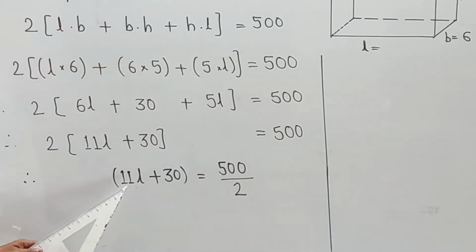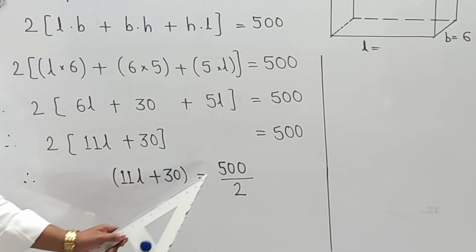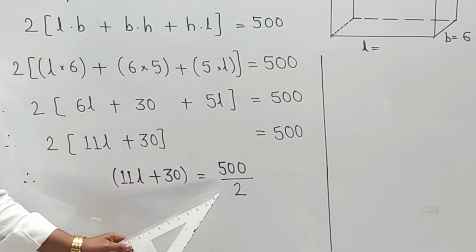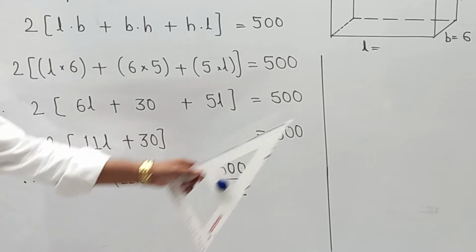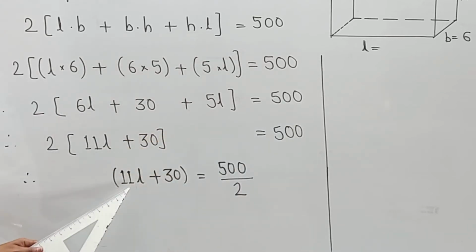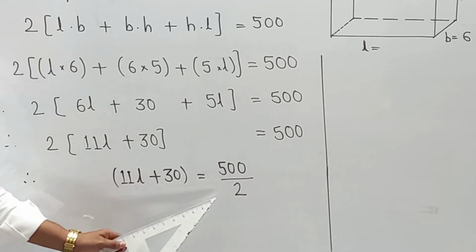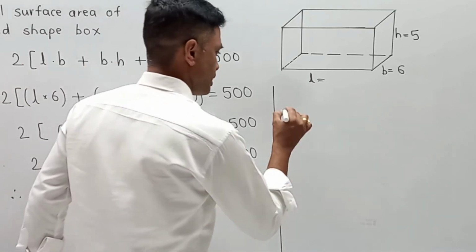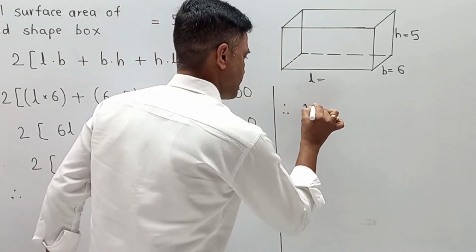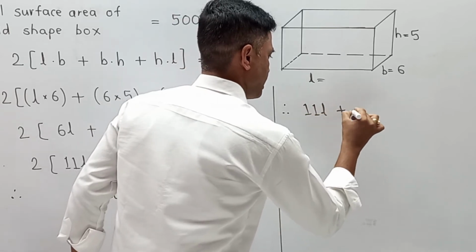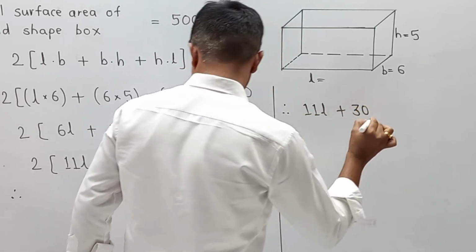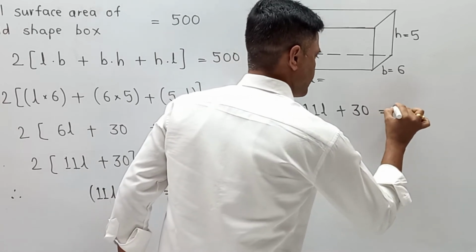Now the calculation becomes modified: 11L plus 30 is equal to 500 divided by 2, means 250. Writing that step for the calculation: 11L plus 30 is equal to 250.